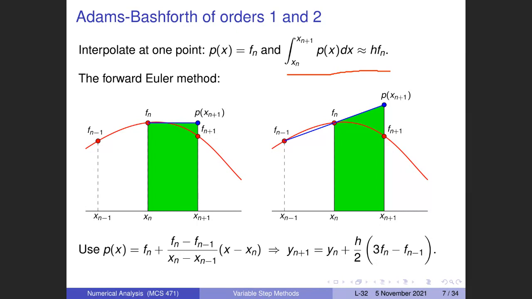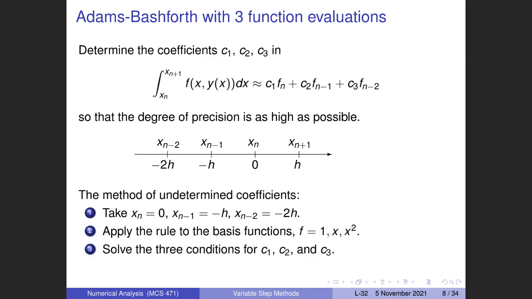So xn minus xn minus 1 is h. And xn plus 1 minus xn is also h. So it's a simple exercise to see that the formula at the bottom right is indeed obtained by the construction that is shown here. So you apply the trapezoidal rule to the interval xn to xn plus 1. So these are two Adams-Bashforth rules.